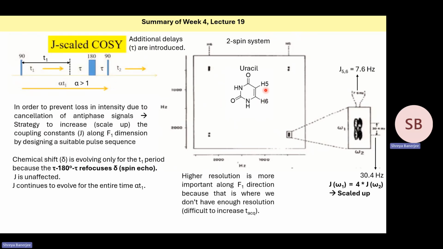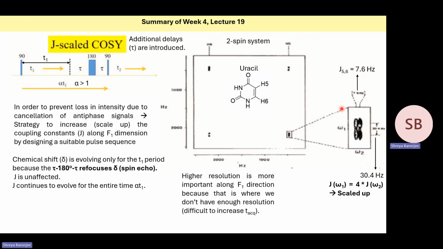Now an example is shown here. Basically, this is uracil and this is also a two-spin system where there's 3J coupling between H5 and H6. Now let us look at the cross peak. In this cross peak, omega 2 is 7.6 Hertz, which is the J value.